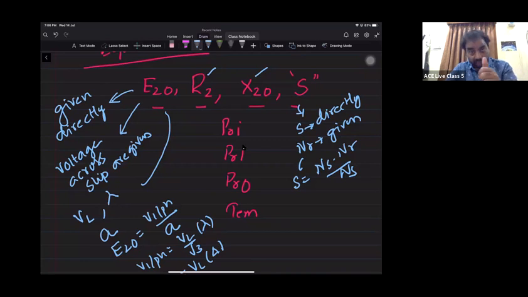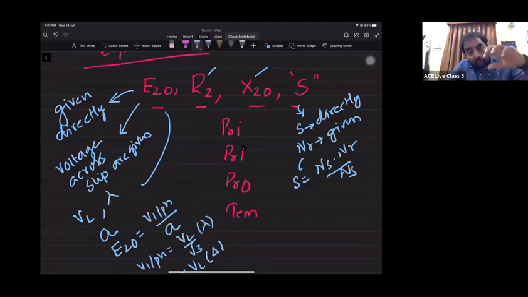I can calculate the power which is coming to the rotor, the losses in the rotor, the output of the rotor, the torque developed by the rotor, the efficiency of the rotor. If you want to calculate all these things, what is required? R2, X2 naught, the operating slip at which you need to find out, and E2 naught.